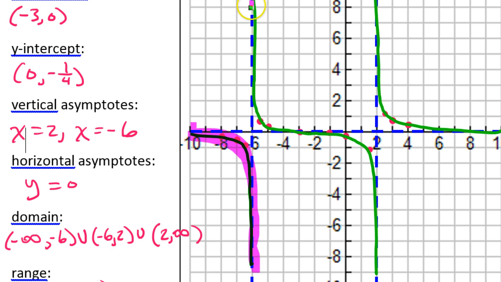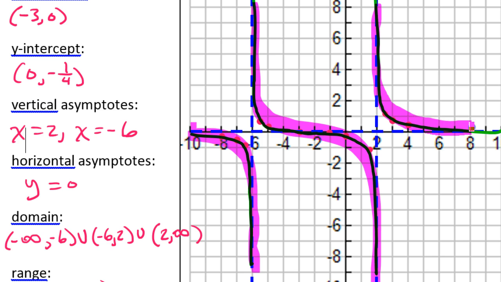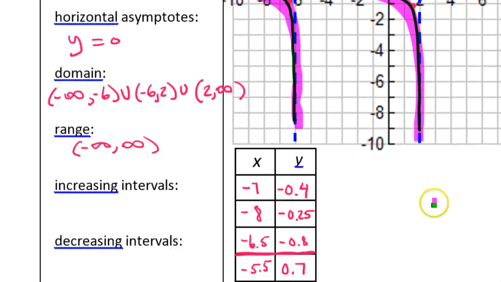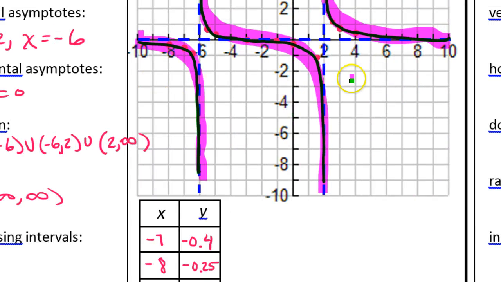Now then I pick up here, and I find that I'm going downhill all the way. And then I pick up here, and I find that I'm going downhill again. It's all downhill. Every part of this graph is downhill. So this graph is decreasing along its entire domain.